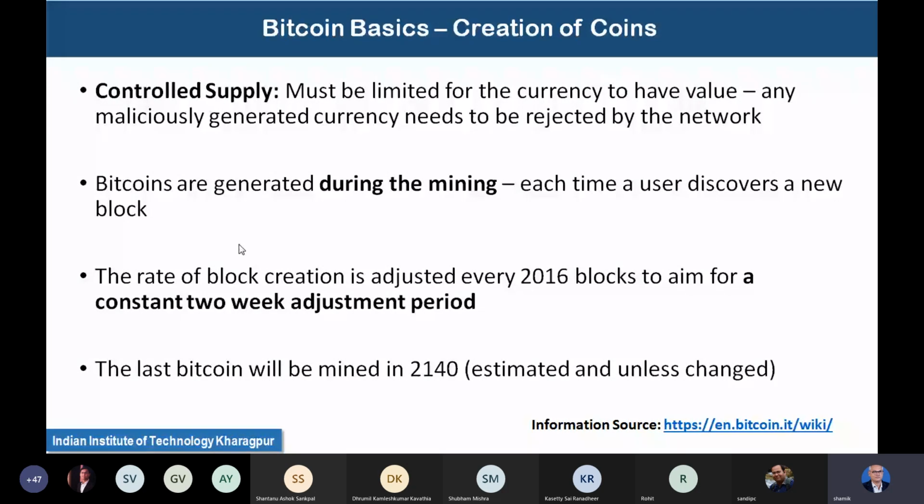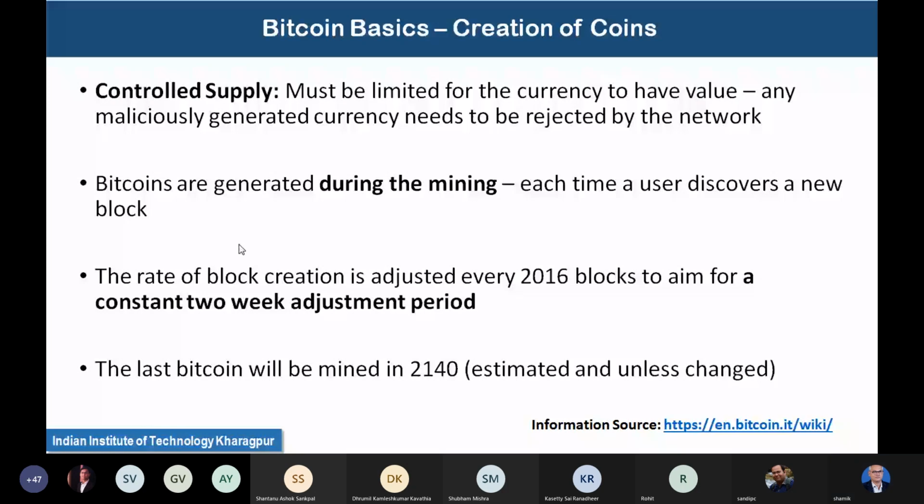Okay, and as we have discussed before, the difficulty level is adjusted so that it will take 10 minutes even if the computational power is going up, and this is slightly adjusted from time to time in a 2-week period. And 2 weeks, you can easily see that it is 10 minutes multiplied by 2016, that will end up resulting in 2 weeks.